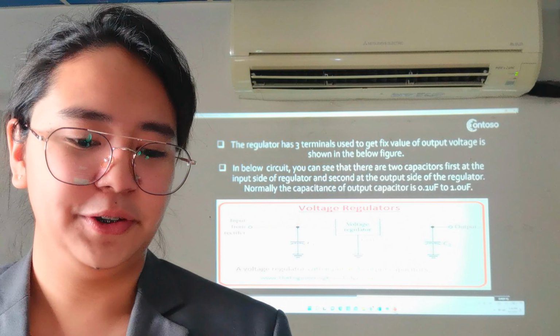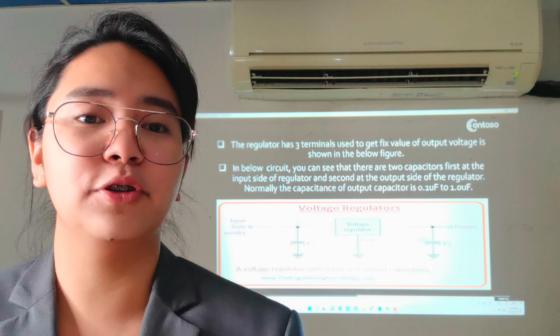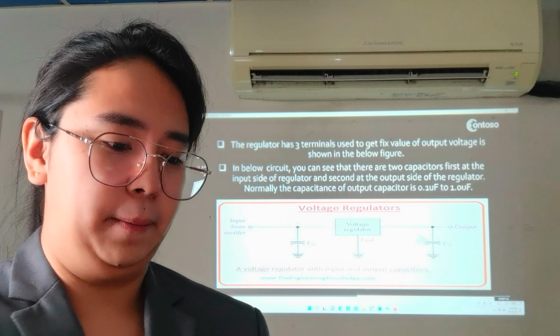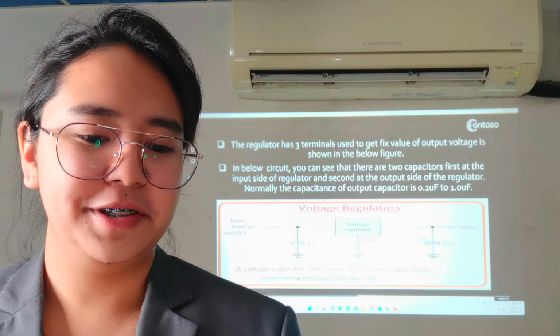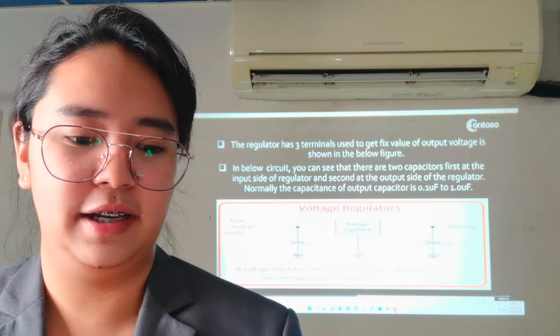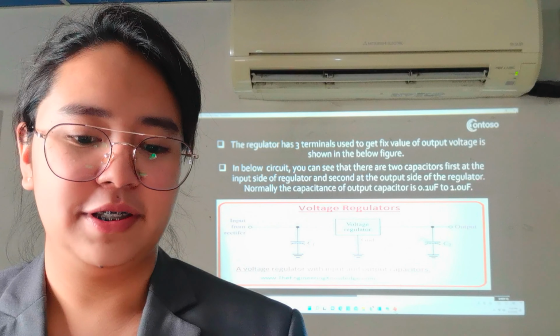The regulator has three terminals used to get a fixed value of output voltage, as shown in the below figure. In the below circuit, you can see there are two capacitors: first, at the input side of the regulator, and second, at the output side of the regulator.